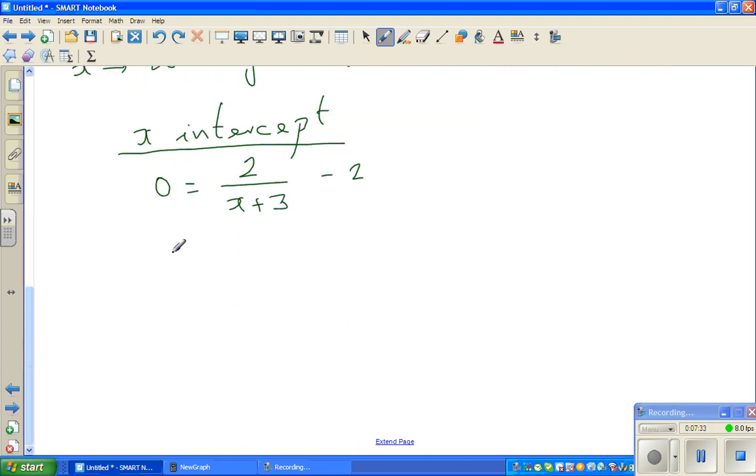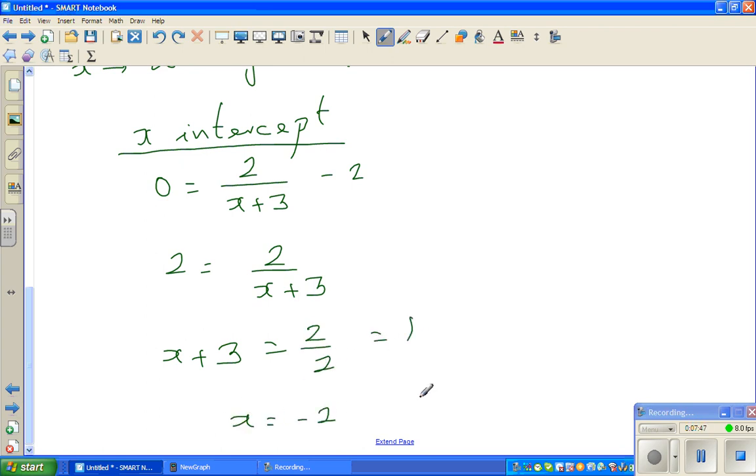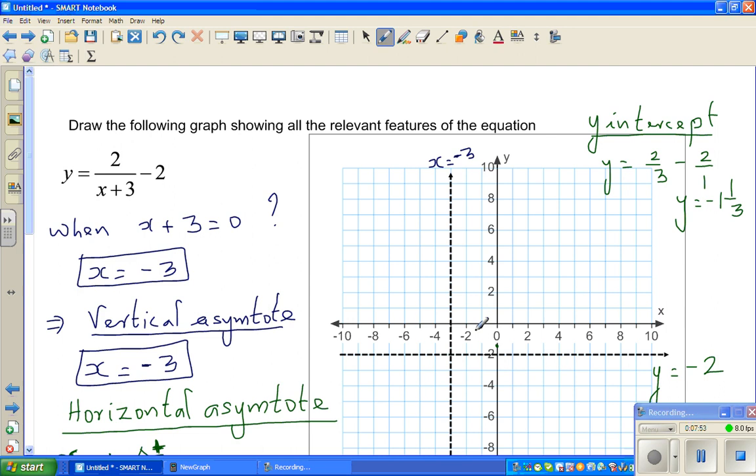Adding 2 to both sides, 2 is equal to 2 over x plus 3. So x plus 3 is 2 over 2, which is 1, so x is negative 2. So your x-intercept is negative 2, comma 0.